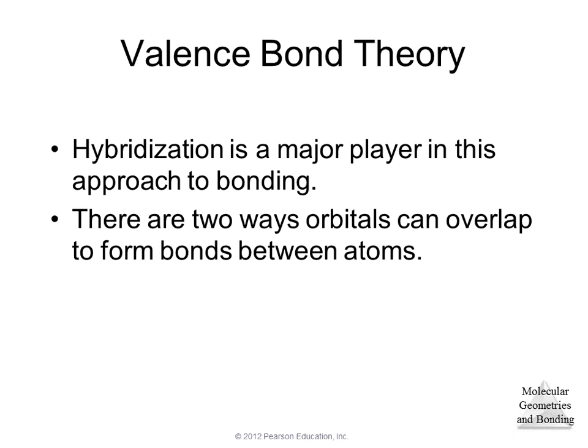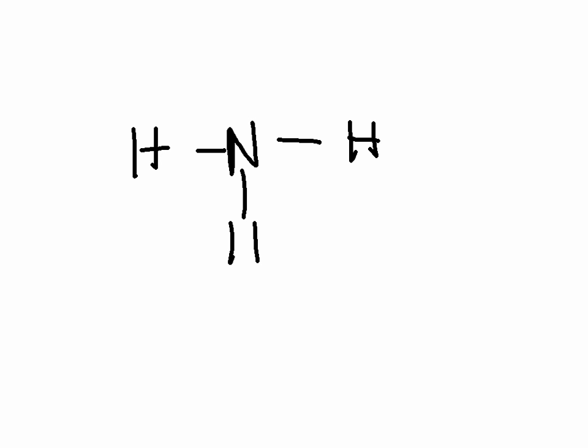It's one of our examples. If you did your Lewis diagram for NH3, you have four electron domains. So there are essentially 4 sites in and around that nitrogen where there can be bonds.